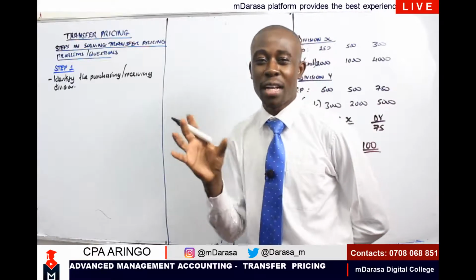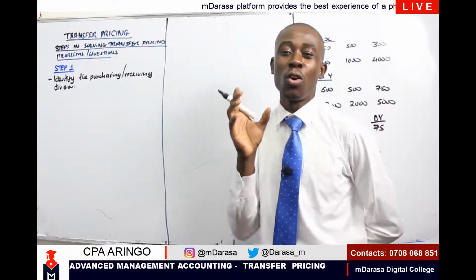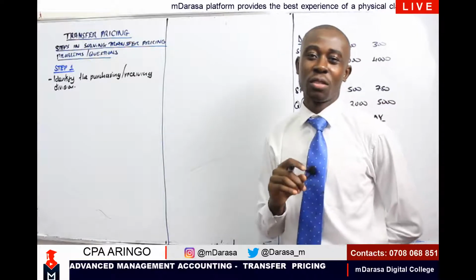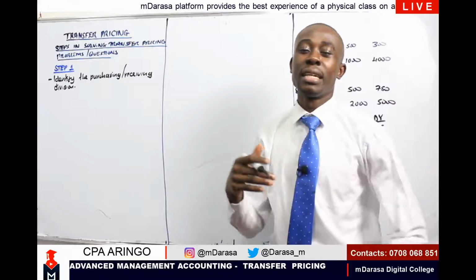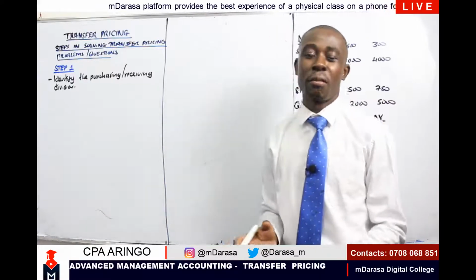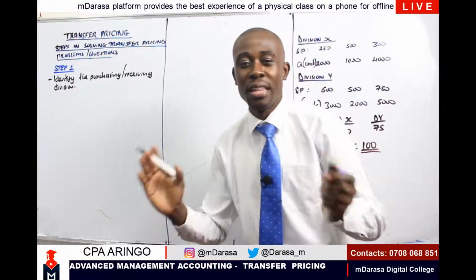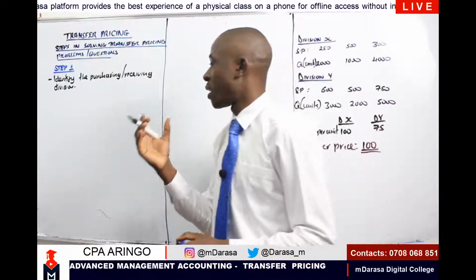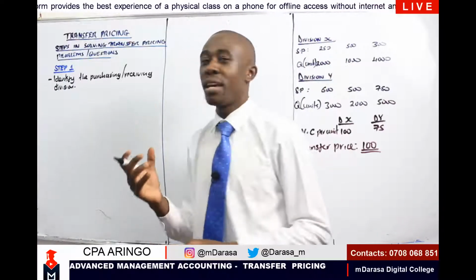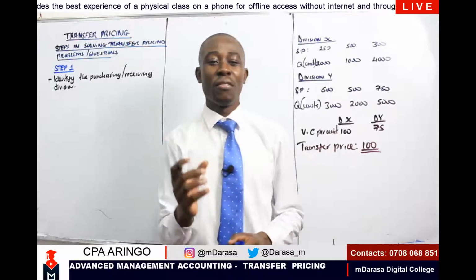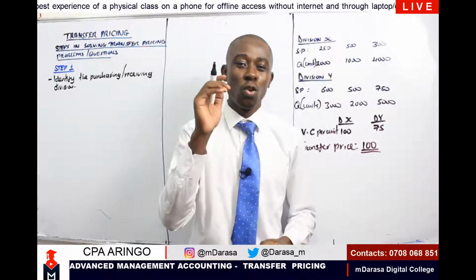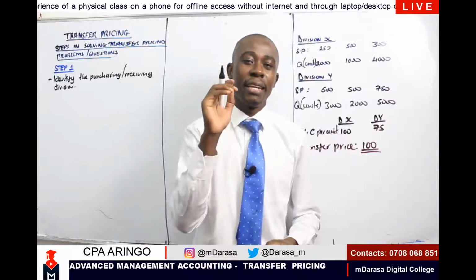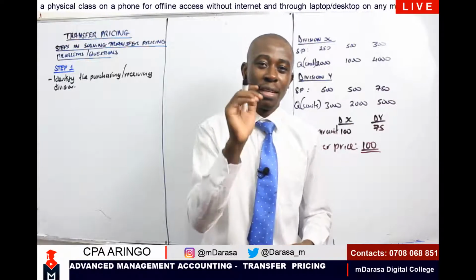Our main focus will mostly be on the receiving division, as we want to look at the impact of this transfer pricing on the entire company as a whole. That's why the first thing we need to do is to identify the purchasing or receiving division. That should always be our step number one.